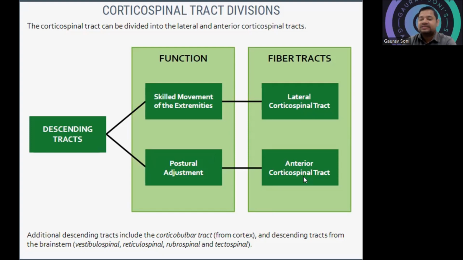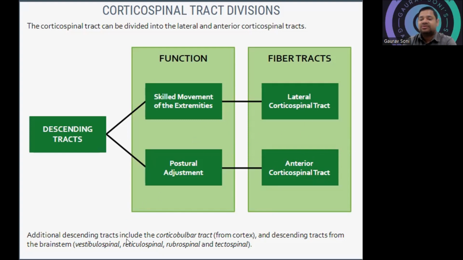Additionally, descending tracts include the corticobulbar tract from the cortex, and descending tracts from the brainstem, which are vestibulospinal, reticulospinal, rubrospinal, and tectospinal. You can take a small hint: wherever spinal comes after the word, as a suffix, it is a descending tract. Spinal as a prefix is for the ascending tracts.